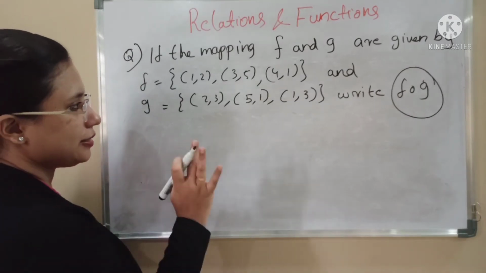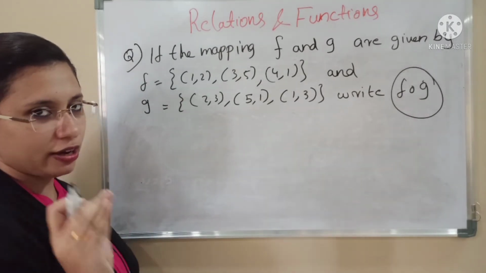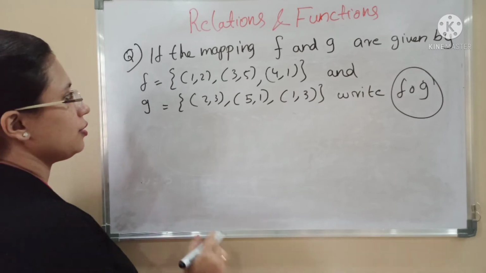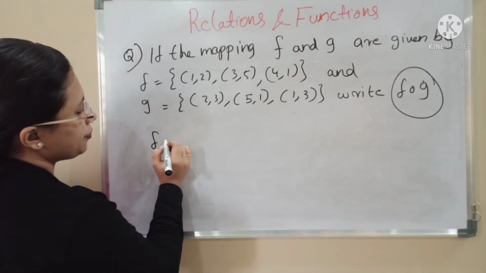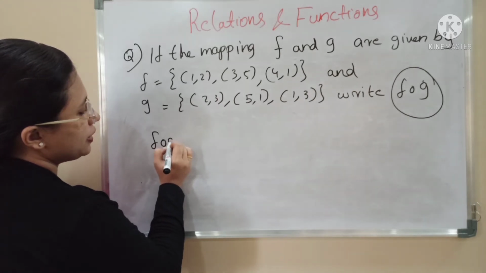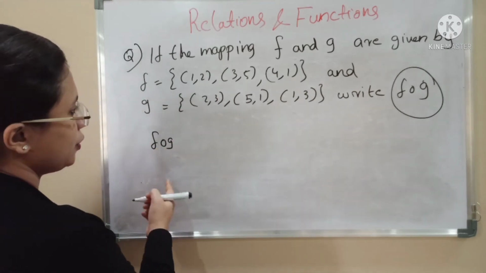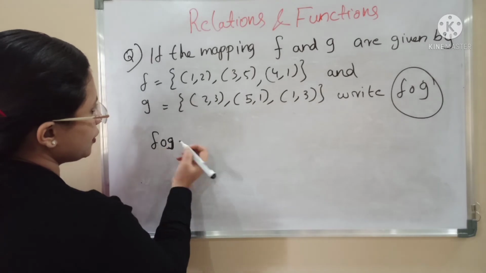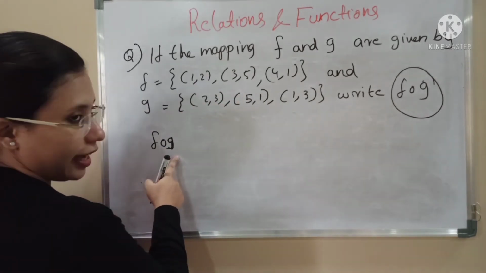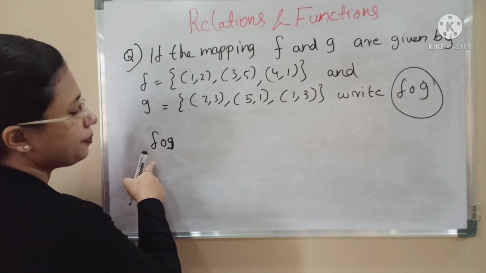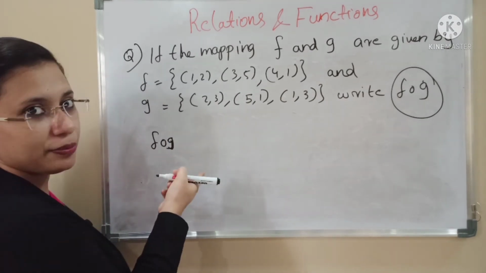It is actually simple, but you have to be very careful. We'll start writing f composite g. We have to write for each of them, deriving f from g.